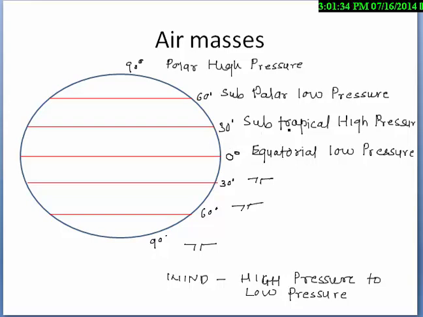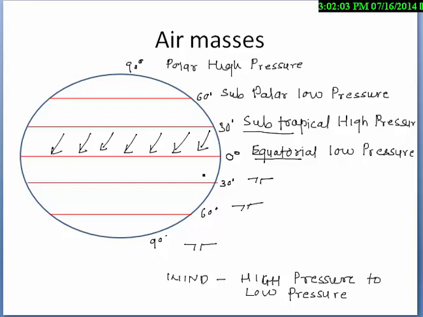That means from the subtropical high pressure belt to the equatorial low pressure belt. And in this hemisphere, when the wind travels from high pressure to low pressure, it turns eastward. So this is the direction of the wind traveling from 30 to 0 degree latitude, from high pressure to low pressure.